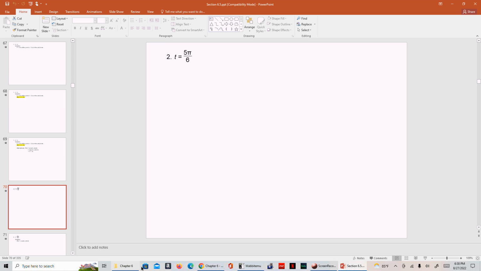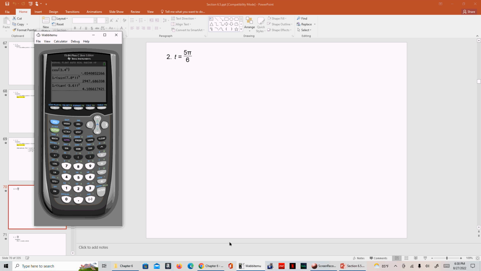Next, 5 pi over 6. Okay, let's do its cosine, sine again. So take out Mr. Calculator. Remember, x is cosine. So cosine 5 pi over 6, and you get negative 0.866. That's negative square root 3 over 2, if you want to verify.